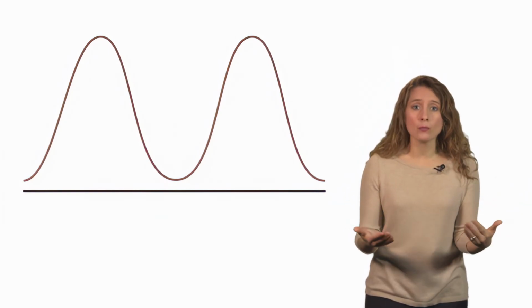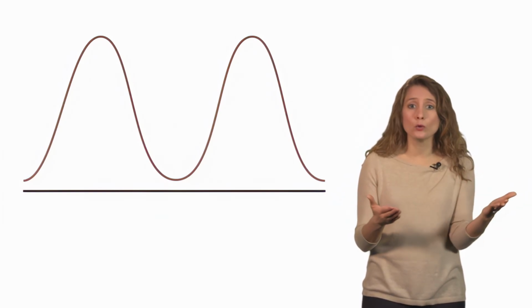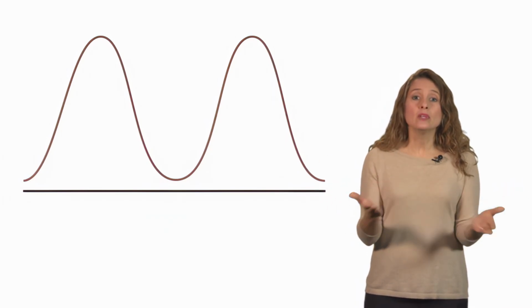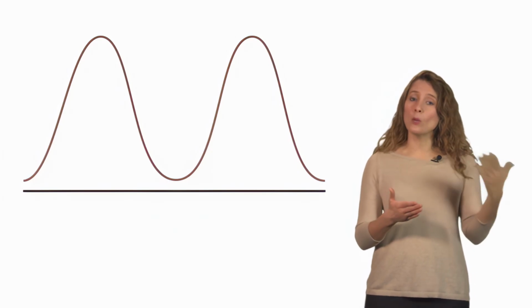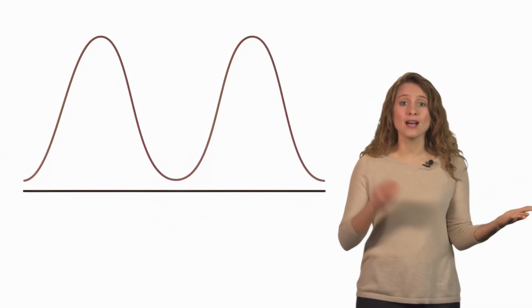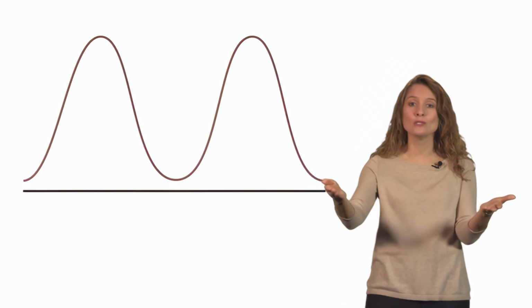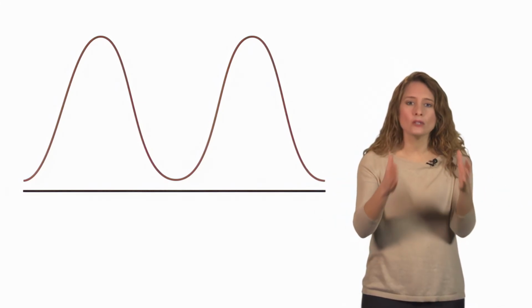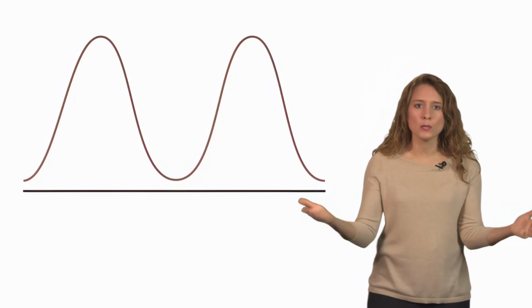If you're looking at a lab result, you might be looking at one group where the lab result is positive and one group where the lab result is negative. If you're looking at test scores, you might be looking at one group who actually attended all of the classes and understood the information, and the other group who didn't attend all of their classes and didn't get the information. So you have 2 main categories or groups of people.